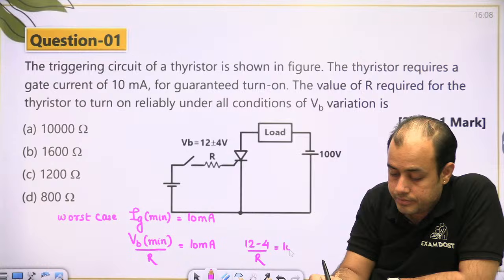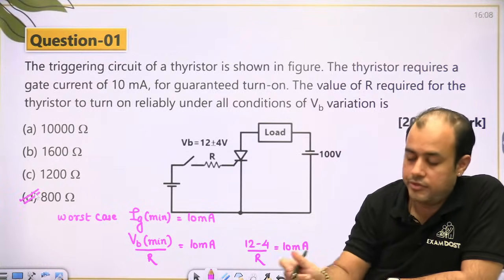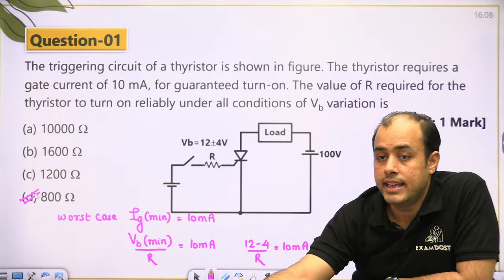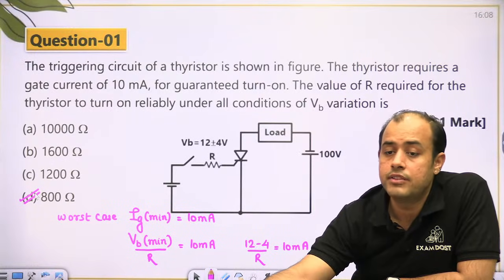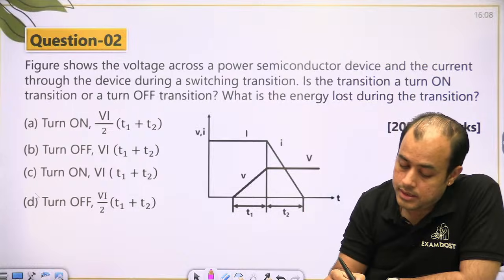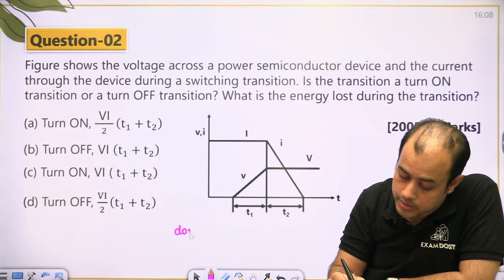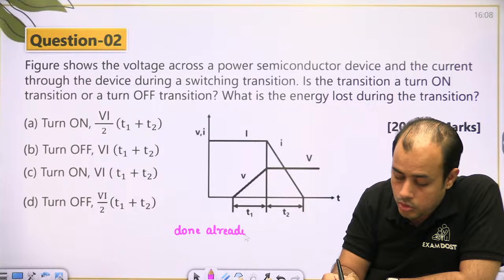The answer will be 800 ohm. Very simple. I take the minimum supply voltage, so what am I saying? Even with the minimum input, my thyristor is able to trigger. This we had already done, beta. We had done this, right?